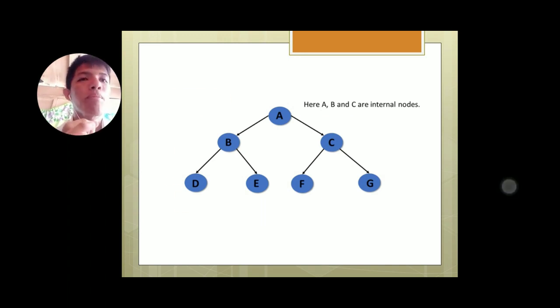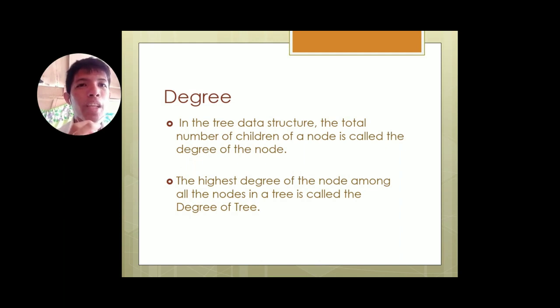Degree. In the tree data structure, the total number of children of a node is called the degree of the node. The highest degree of a node among all the nodes in a tree is called the degree of the tree.